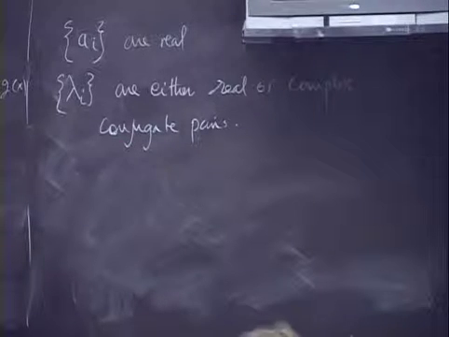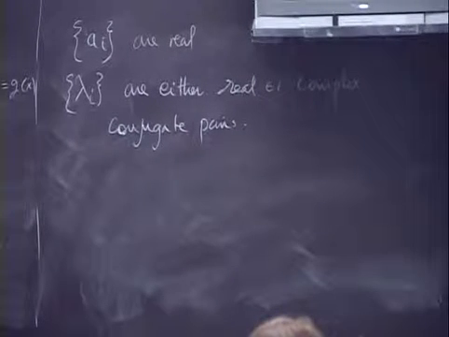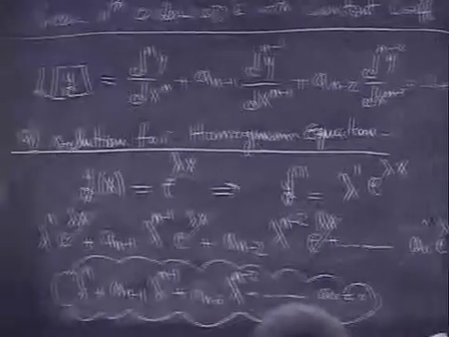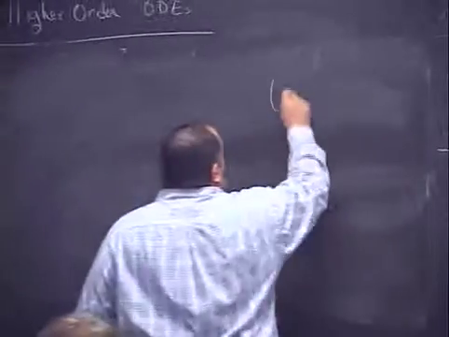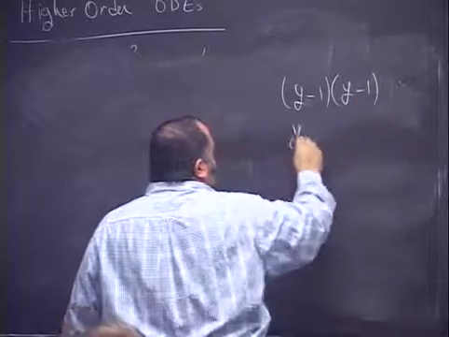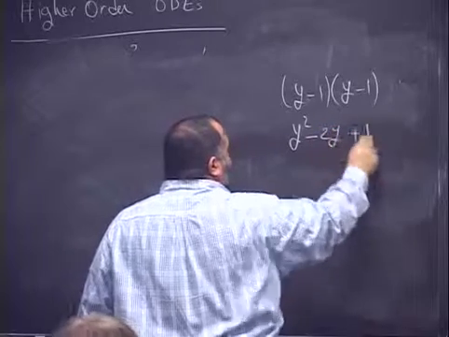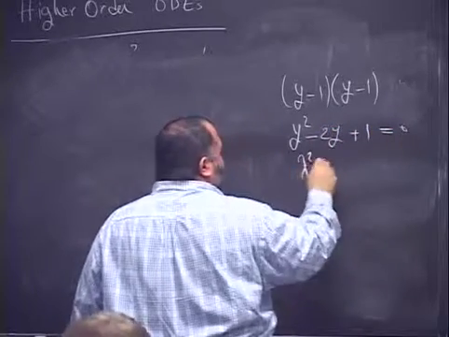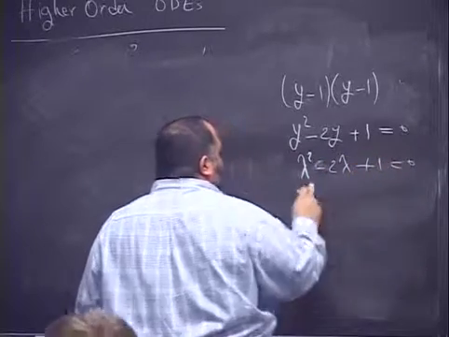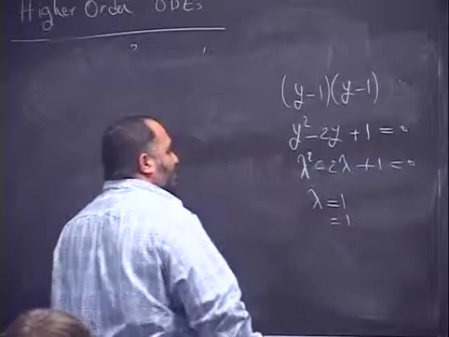So we have two situations. The first one you will have distinct roots, and the second one you will have repeated roots. Sometimes, if you have something like (lambda minus 1)(lambda minus 1), this will give you lambda squared minus 2 lambda plus 1 equal to 0. You will have lambda equal to 1 and lambda equal to 1.